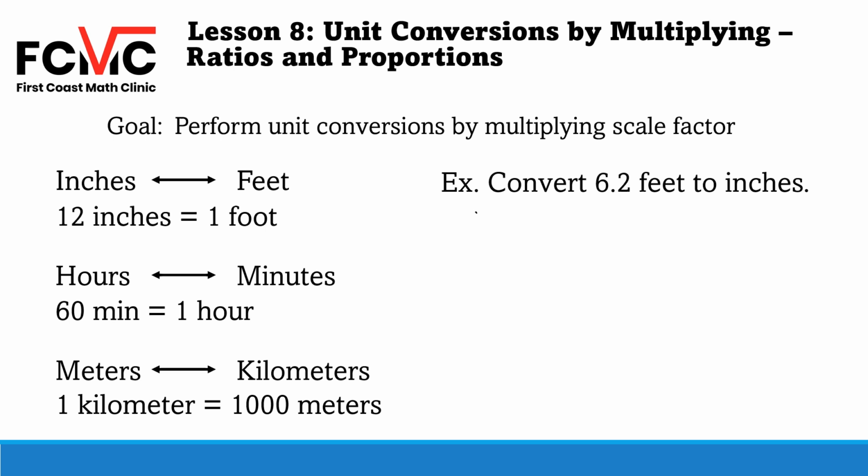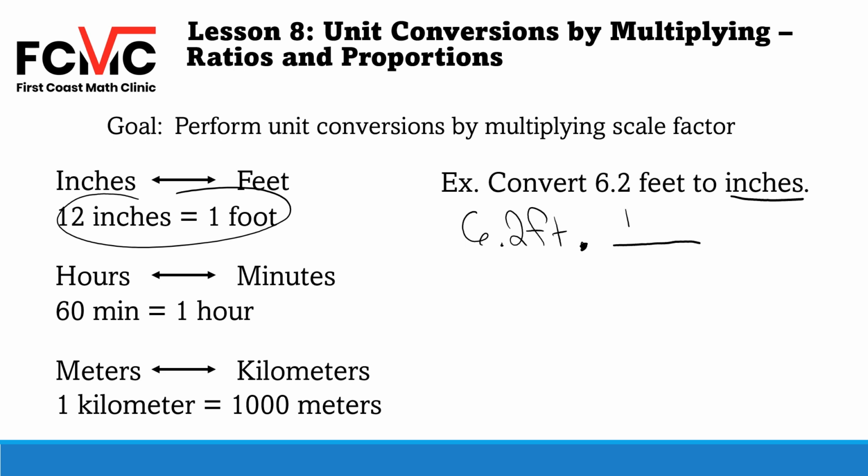So we've got 6.2 feet, and we're going to use our relationship, 12 inches is 1 foot. If we're multiplying now, we want the feet to cancel out, and we want to be left with the label inches. So I'm going to multiply by 12 inches over 1 foot, because 12 inches is equal to 1 foot.